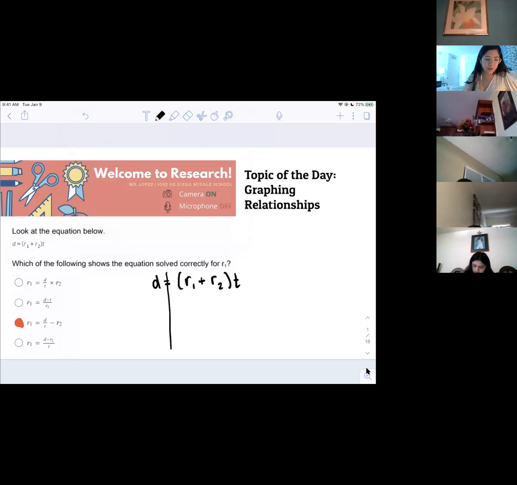And why did you choose division? Because parentheses means to multiply. Exactly. So the T is multiplied by those parentheses, and the opposite of multiplication is division. So if you divide by T, that's going to cancel it out. So that was the tricky part. The way to cancel out the T was to divide.